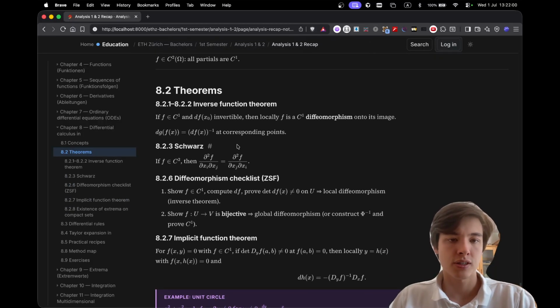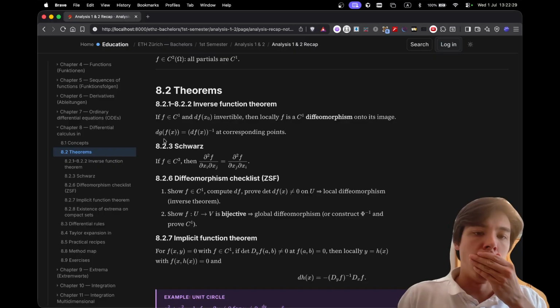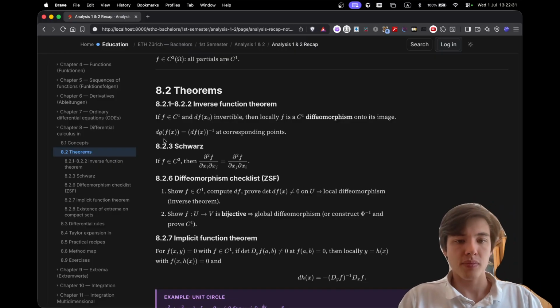Theorems. Inverse function theorem: if f is C1 and the derivative at x0 is invertible, then locally f is a C1 diffeomorphism onto its range.